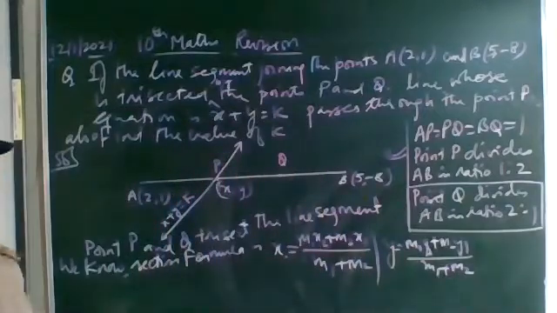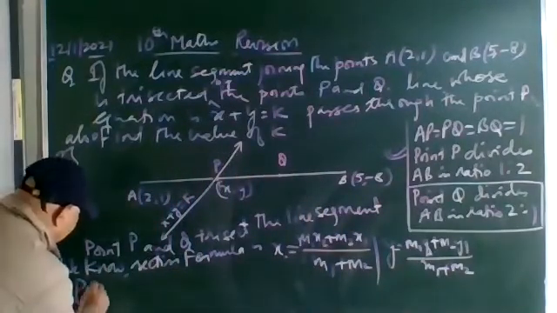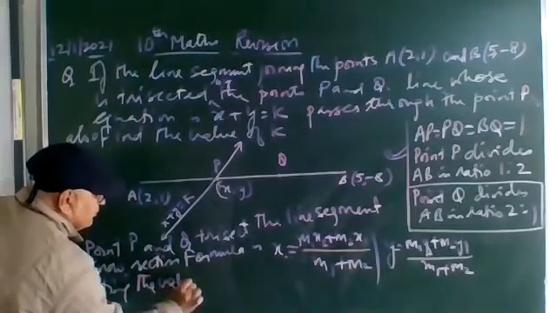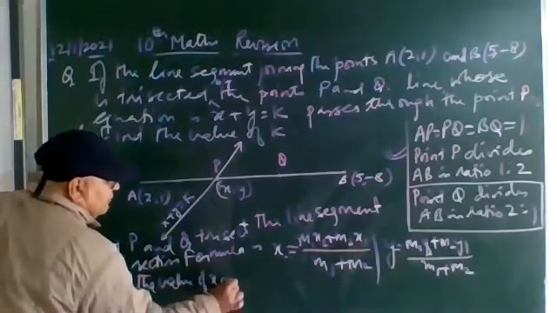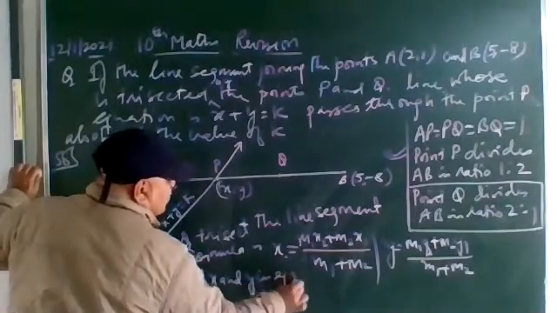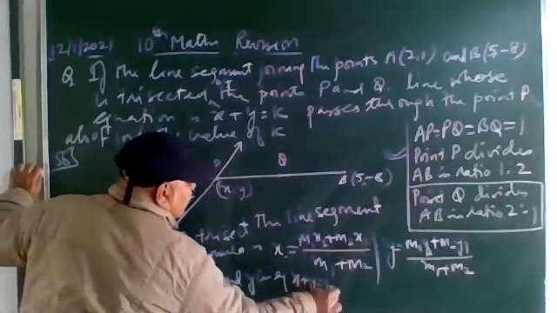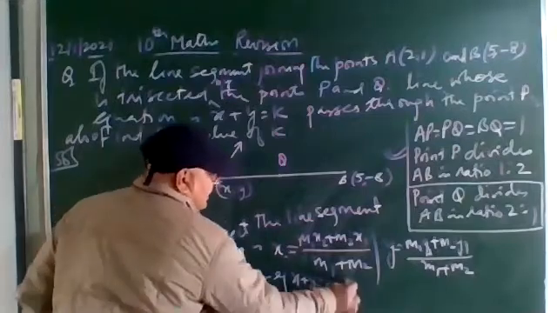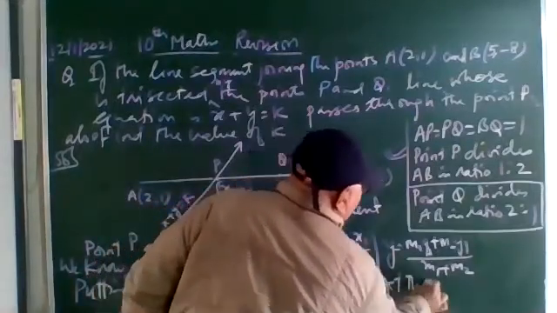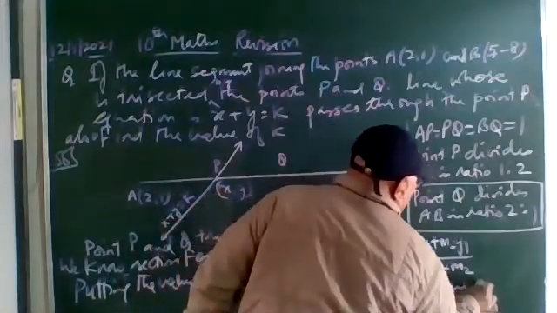After finding the values of x and y, put them in the equation x plus y equals k, then get the value of k.